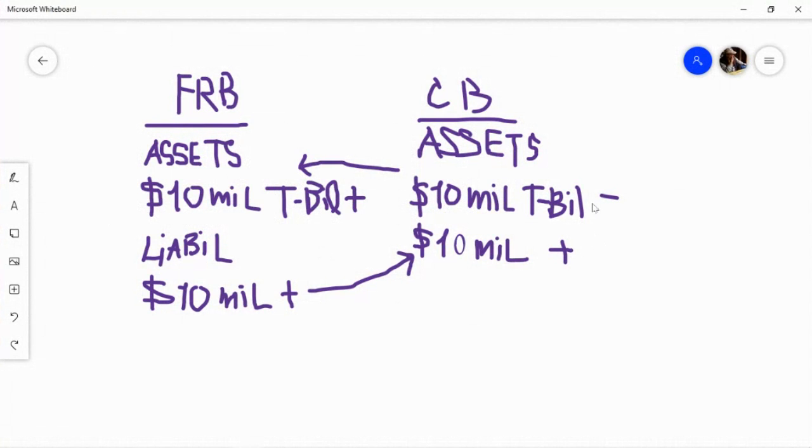The commercial bank used to have $10 million in Treasury bills on its asset side, as a current asset. Since the Federal Reserve bought it, the Federal Reserve simply increases its asset side by 10 million.